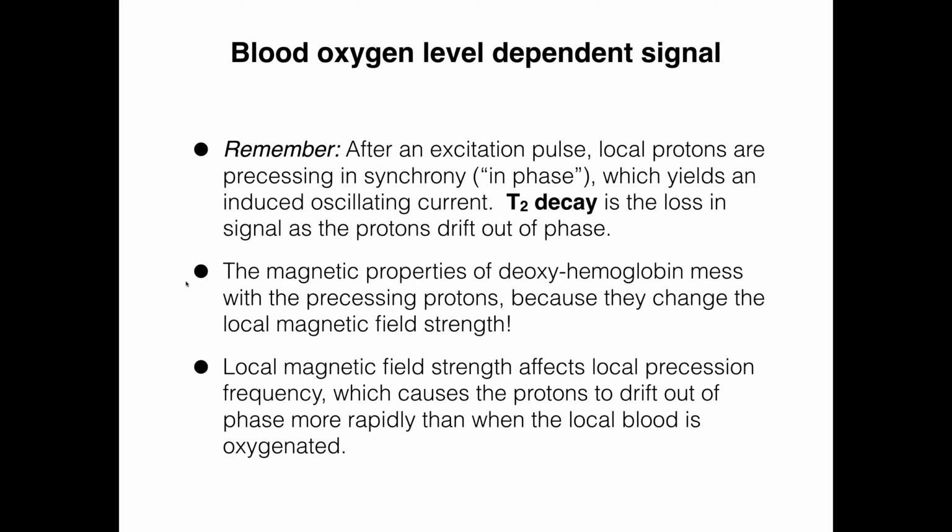So the local magnetic field strength affects the local precession frequency. And when blood is deoxygenated, the protons drift out of phase more rapidly, so the signal goes away more quickly. And when blood is oxygenated, the signal persists longer. You get a stronger signal.